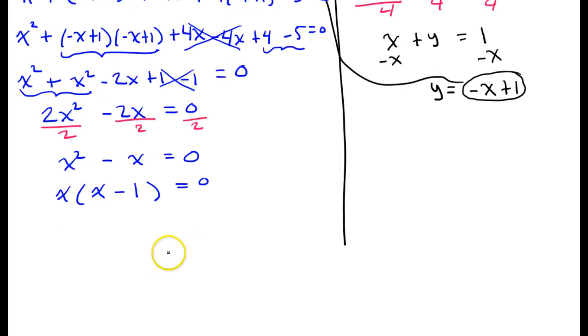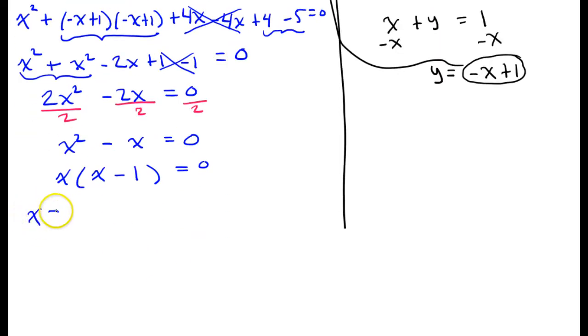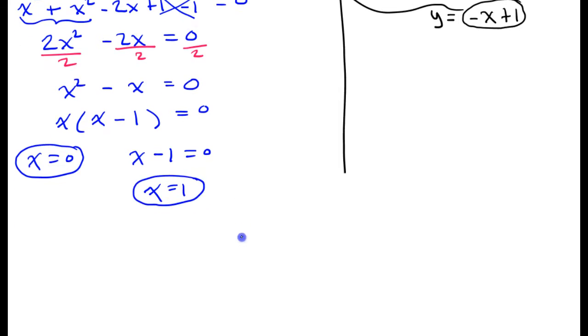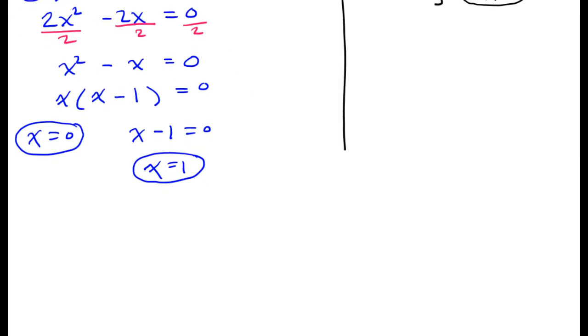Now setting these two factors equal to 0, I have x equals 0, and I have x minus 1 equals 0. So this is one solution to the equation, one value of x. Adding 1 to both sides, I get x equals 1. So that's another value. So, of course, this is not the final answer.